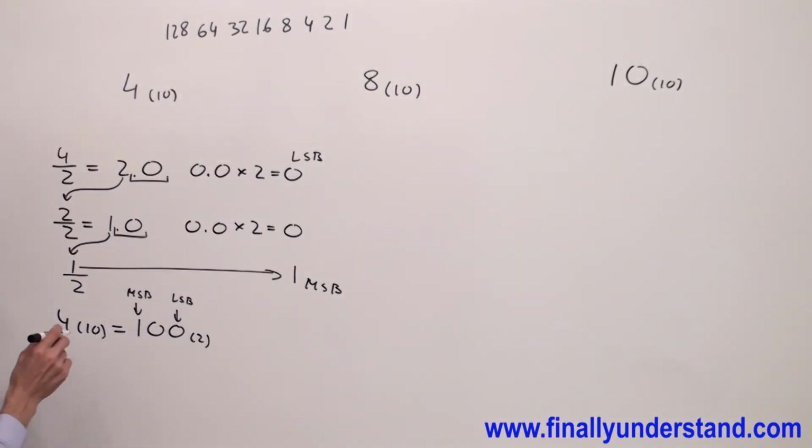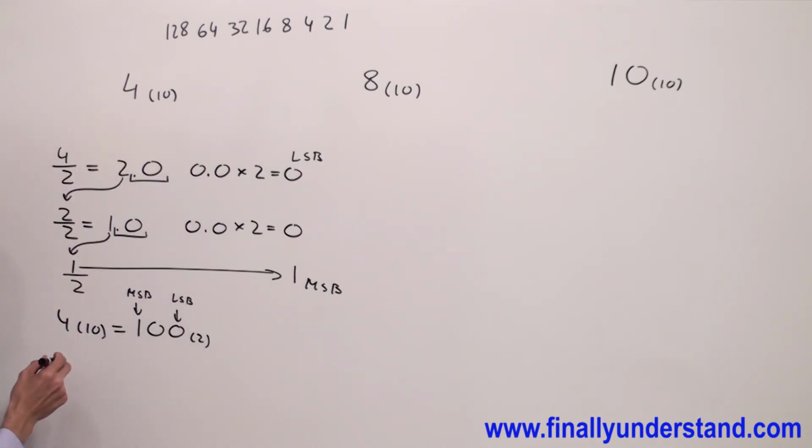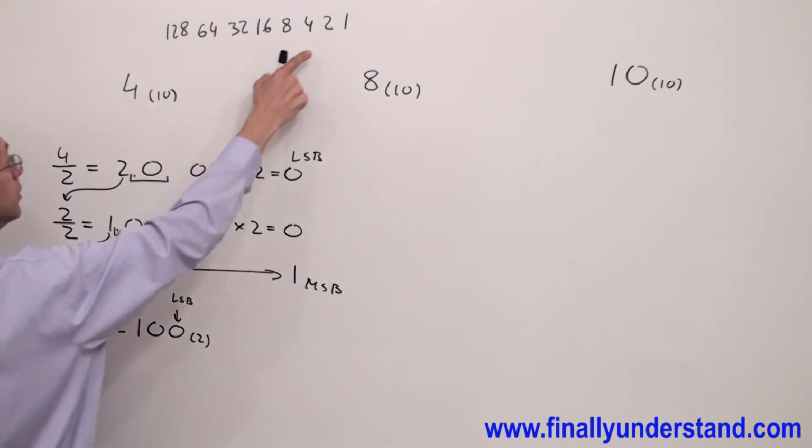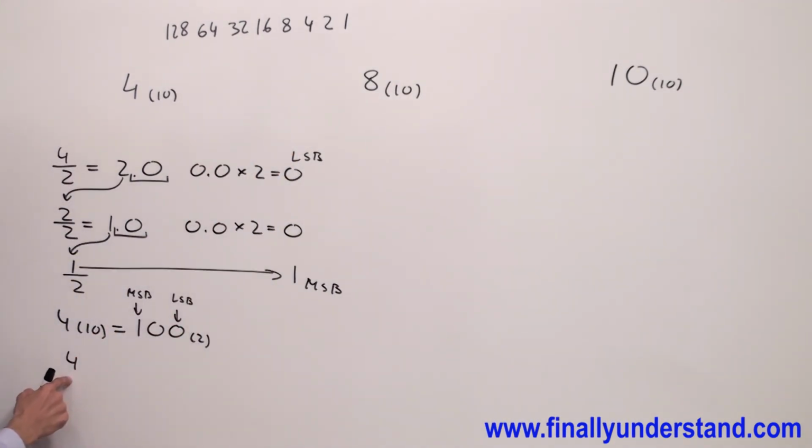And simply do something like this. I have to convert 4 to binary. What am I supposed to do? I'm supposed to write 4 and ask myself the question, what is the highest number from this sequence which I can subtract from 4?